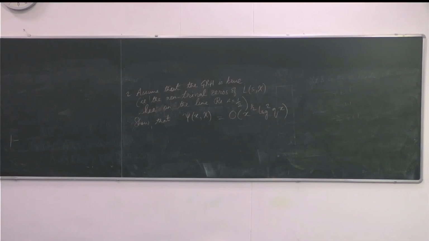You can use the explicit formula that we found and see which part goes away if the generalized Riemann hypothesis is true. You also know the results for L prime by L and so on. Try to think about it for a while.